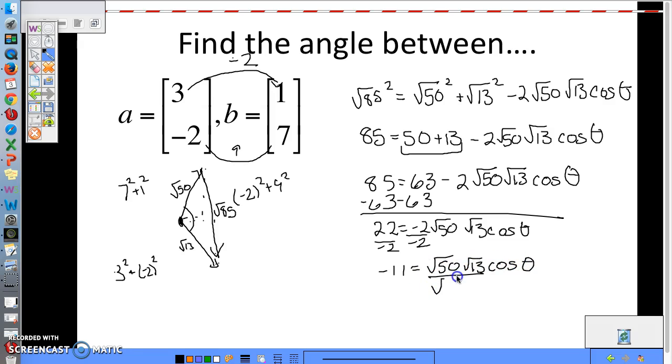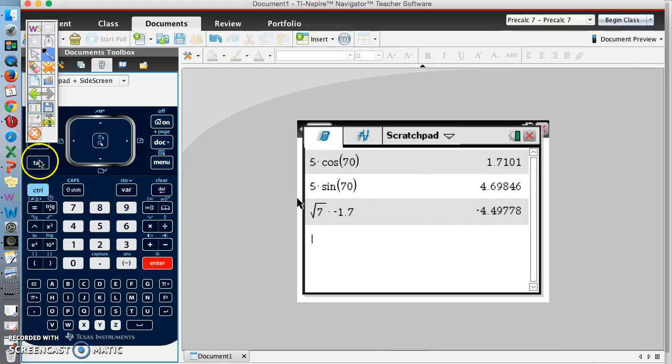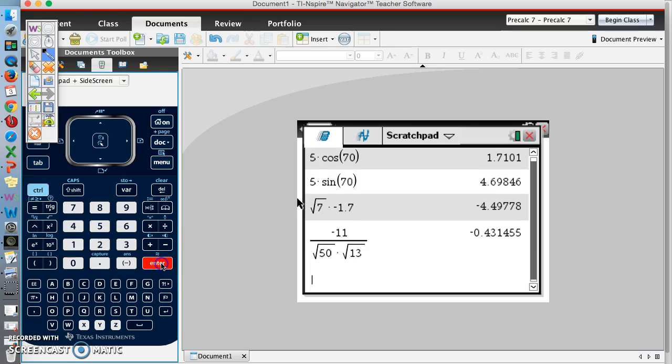If we divide by root 50 and root 13, negative 11 divided by root 50, the square root of 13.